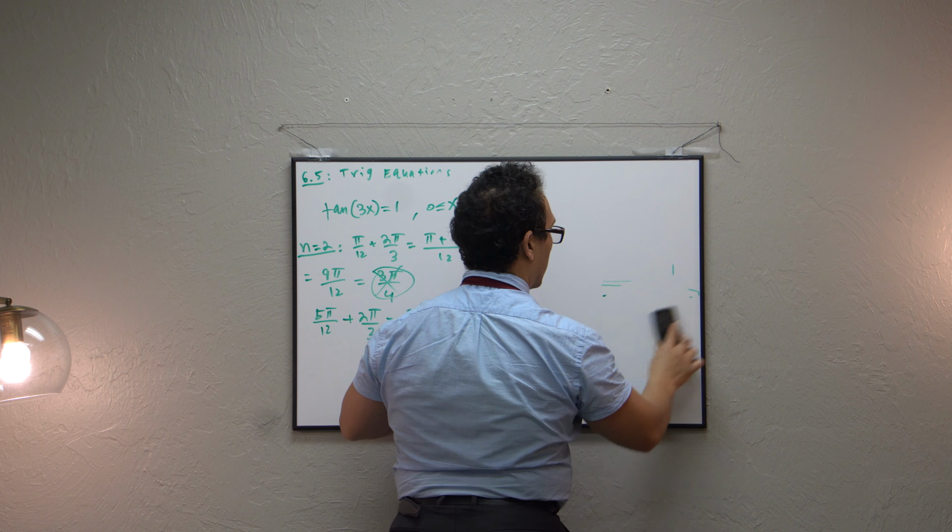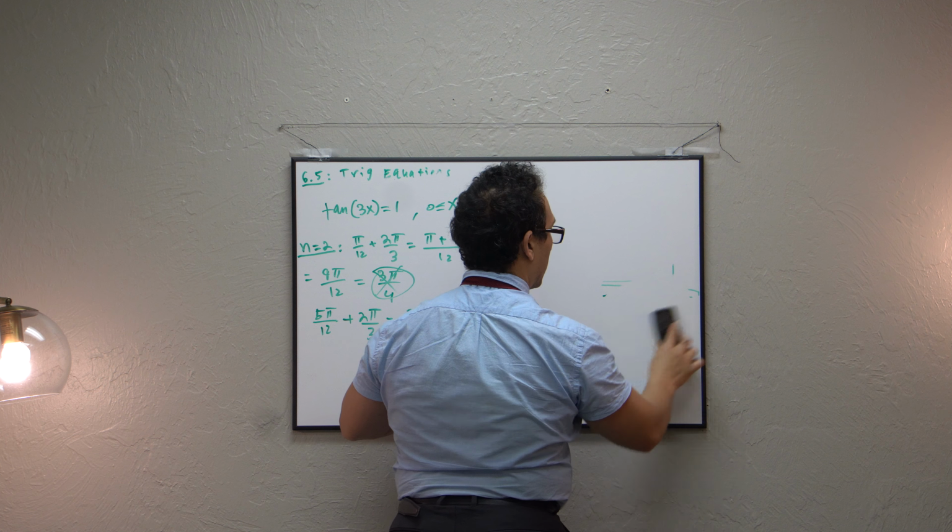So we cancel out these 3's, and so now we're reduced with pi over 12 plus pi. This ends up becoming 13 pi over 12, and notice this is a redundant value. We've already recorded that as being one of our valid answers, so we don't pick it. So then we'll pick the other one.